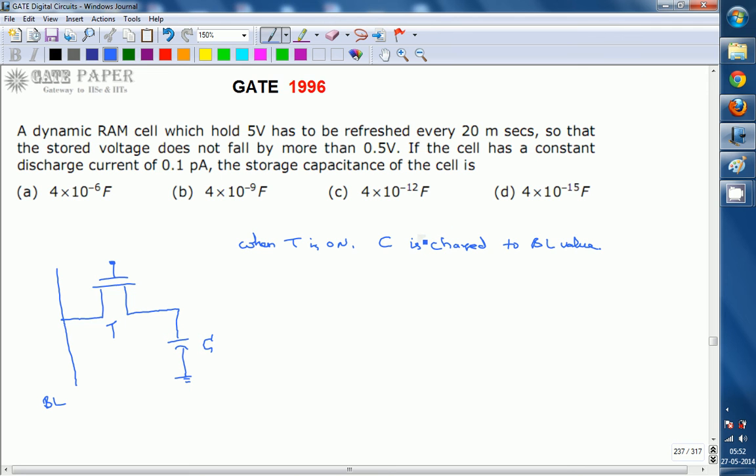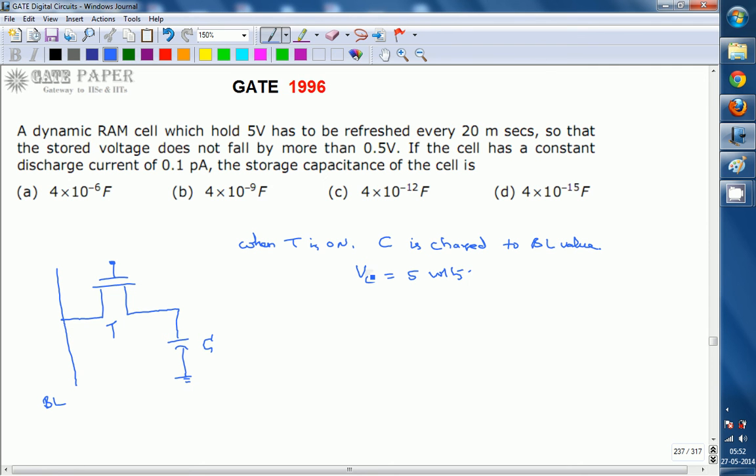In this case the capacitor is holding 5 volts. Whenever the transistor is on, the voltage across the capacitor is 5 volts. The transistor on implies it is acting as a short circuit, so the bit line is connected to the capacitor.